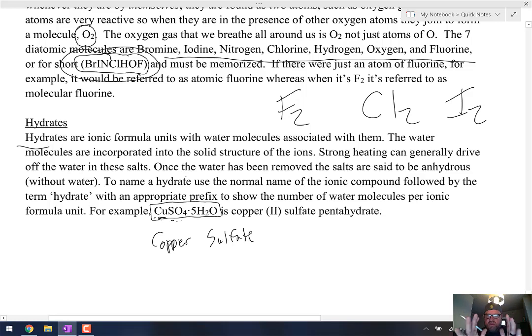Remember, it's in that middle section, so it needs a Roman numeral. And it has a 2 because sulfate has a charge of SO4 2-. So that's copper 2 sulfate. And then notice at the very end, anytime it's a hydrate, they use those same prefixes from before. So the prefix for 5 is penta. So then you see that penta, and then we just throw that hydrate on the end there.